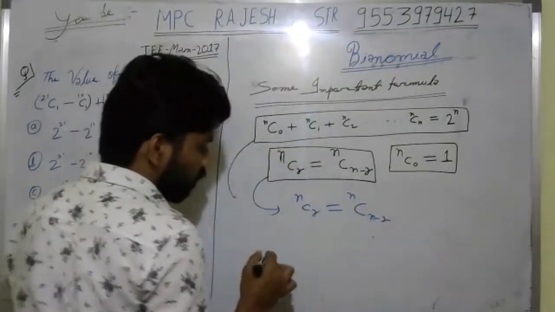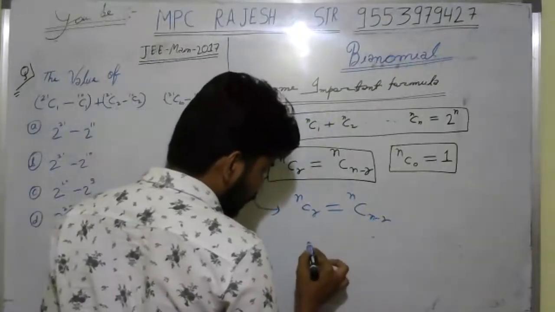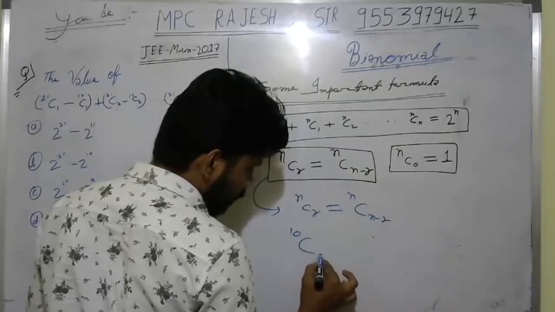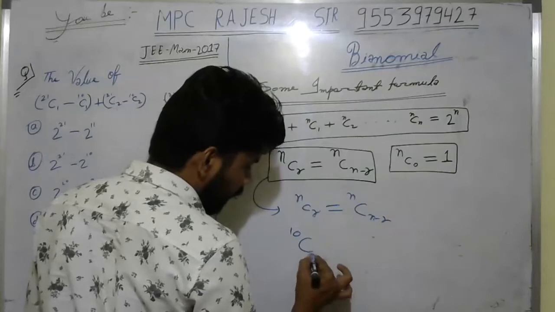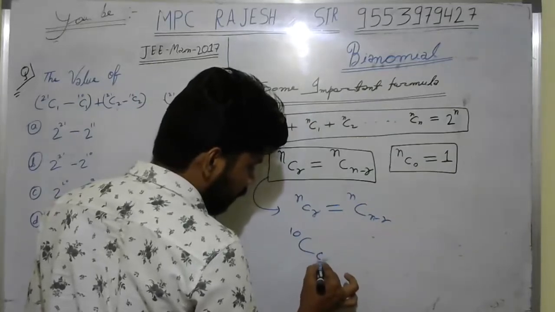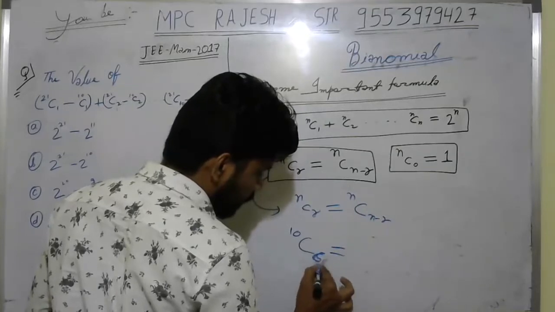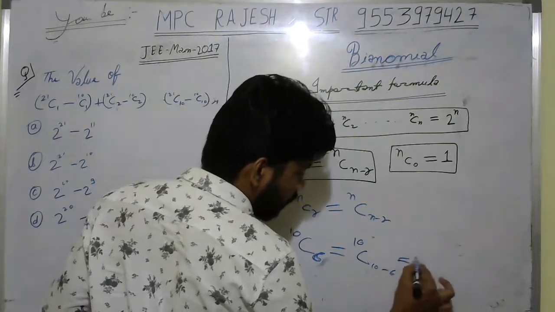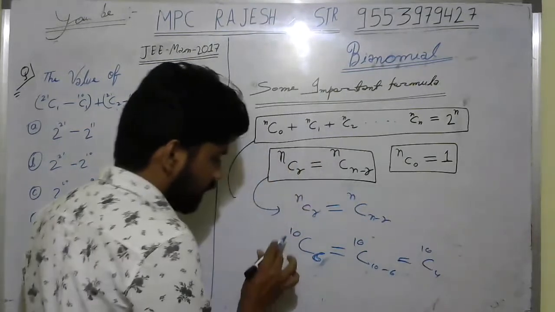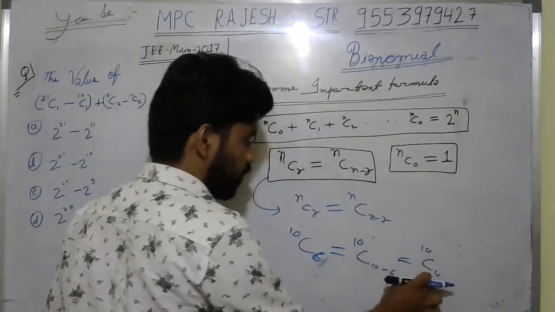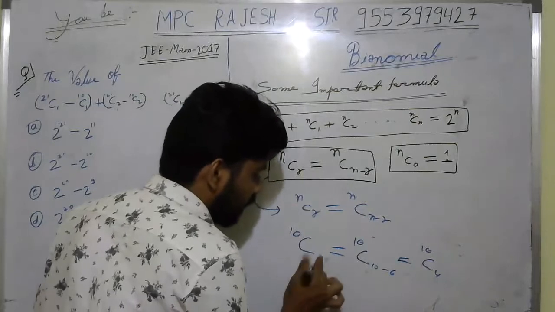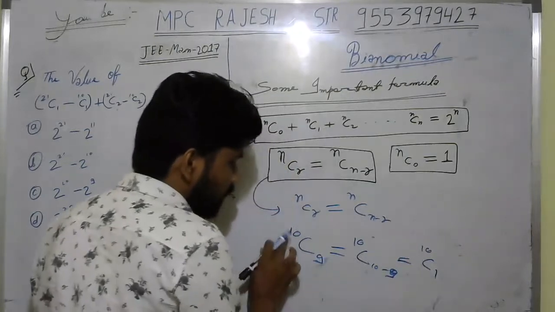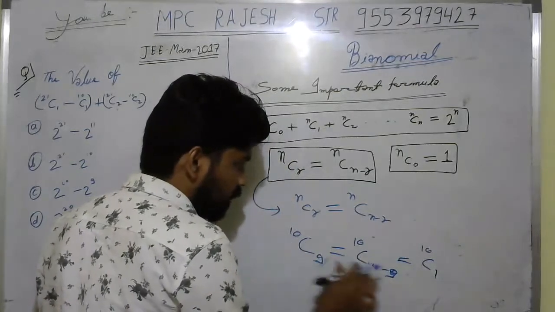If n is 10 and r is, say, 6, then C(10,6) is equal to C(10,10 minus 6), which is C(10,4). So C(10,6) is equal to C(10,4). Similarly, if r is 9, then 10 minus 9 is 1, so C(10,9) is equal to C(10,1).